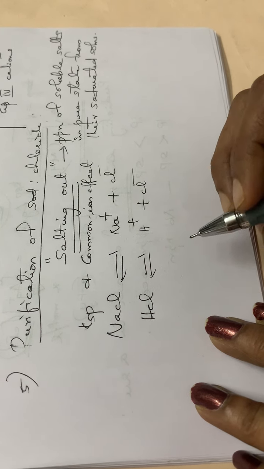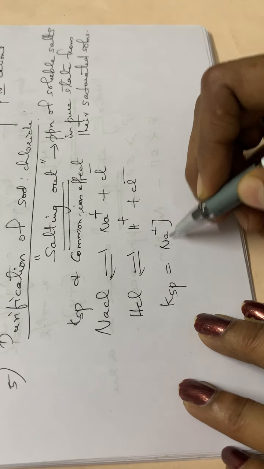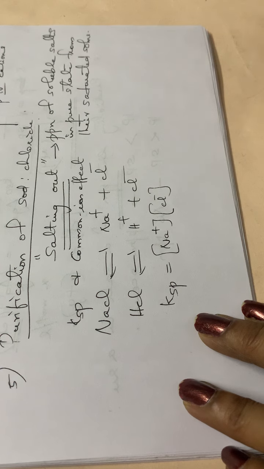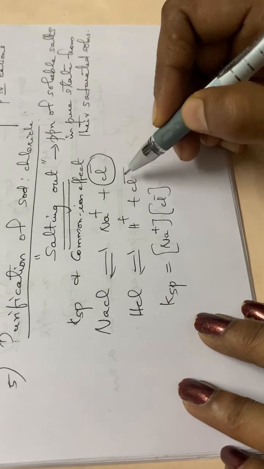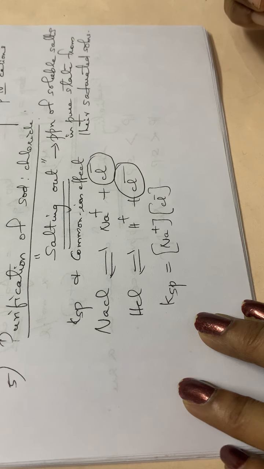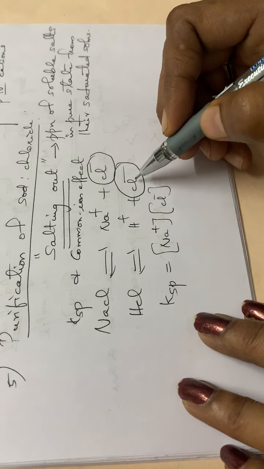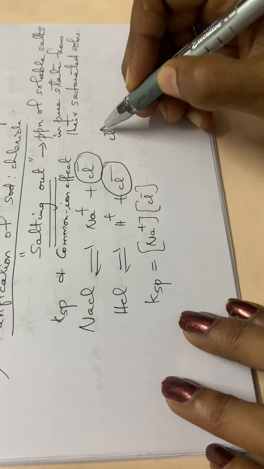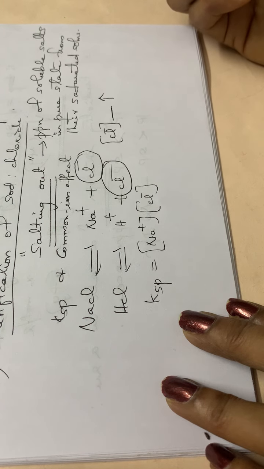So what happens? How will you write the KSP? KSP is equal to the concentration of Na plus into the concentration of Cl minus. While we are passing HCl, Cl minus is the common ion, isn't it? So the concentration of Cl minus will be increasing.